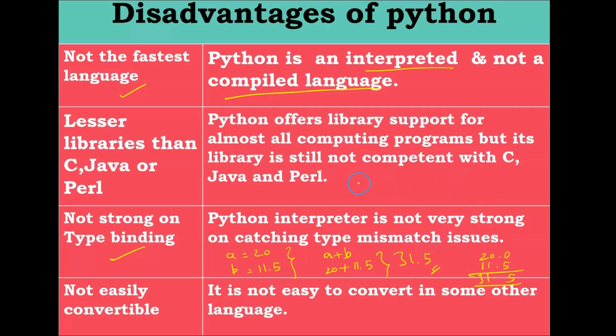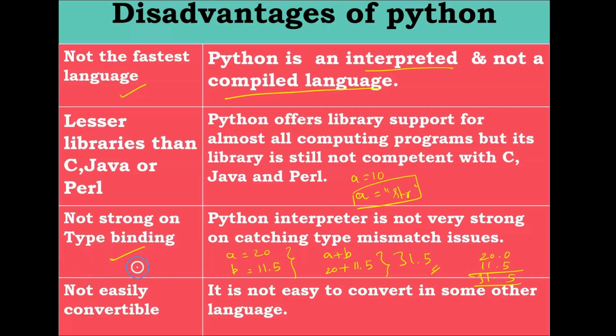Suppose I give the value of A at first as 10, and again now I consider A as a string variable. Now A has been changed to str. It is bound to string. At first, A was bound to the integer data type, and in the second, A is bound to the string data type. So it is not that strong on catching type mismatch issues.